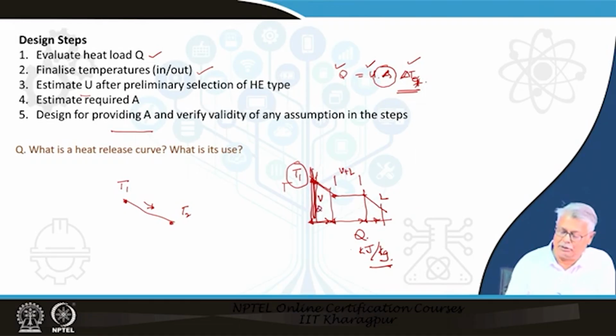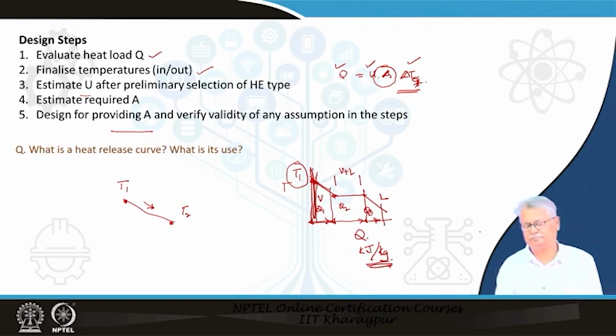That means you will have 3 components Q1, Q2 and Q3, and your total load will be the sum total of these per kg of your fluid.